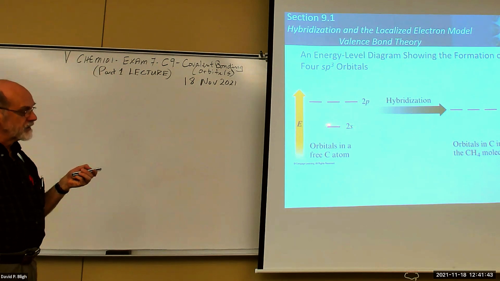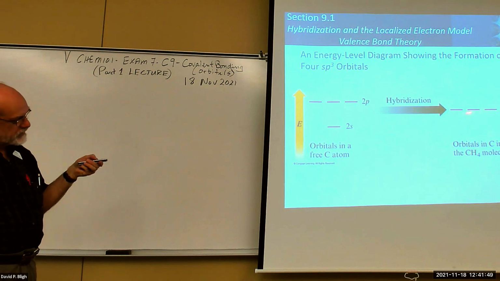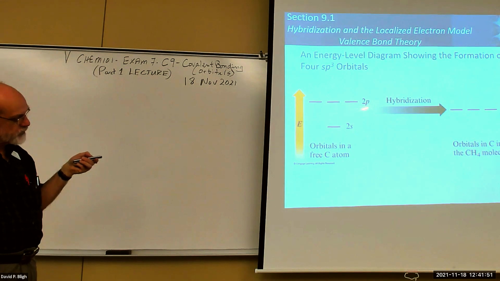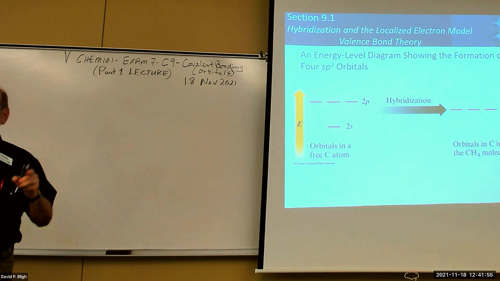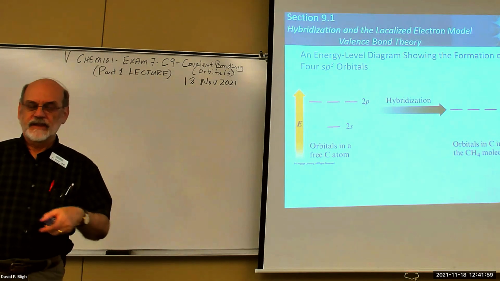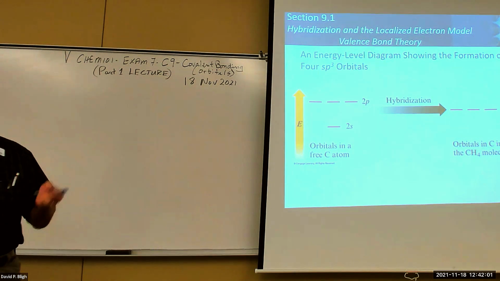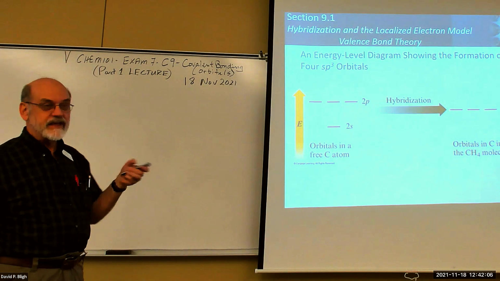So 2s mixes together with these 3 p's, and since there are 3 of them, you're going to find this somewhat closer to the p's than the s's. So those 4 equivalent orbitals are called degenerate orbitals. That doesn't mean they're morally depraved. In chemical terms, that means they are equal in energy.